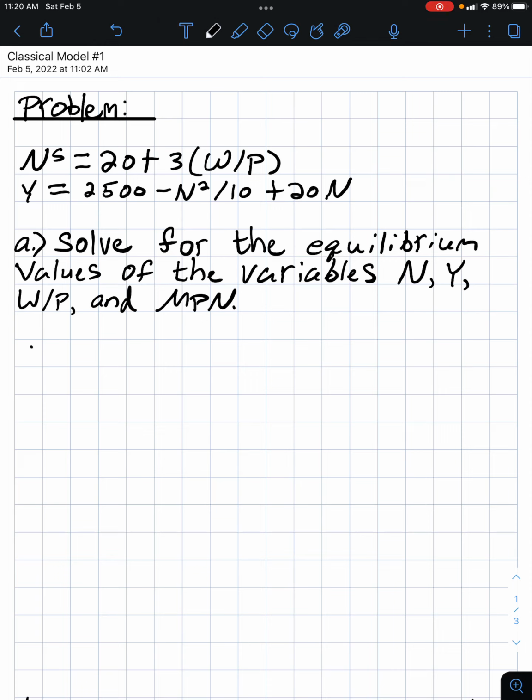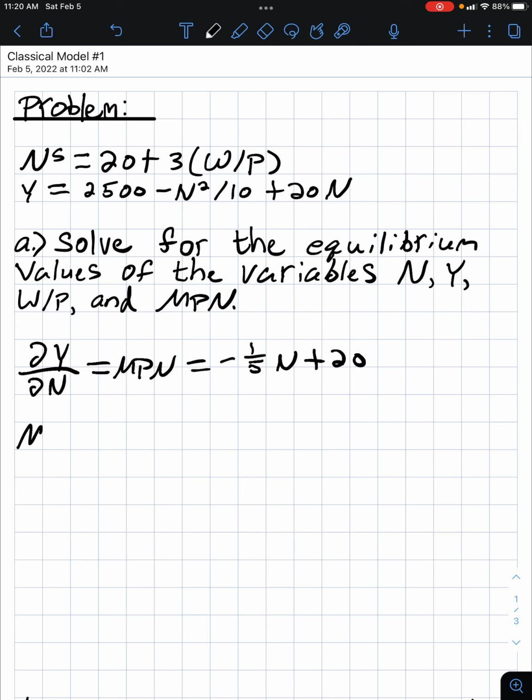So, this is the derivative of the production function, so y, and we're going to take the derivative with respect to n. This is going to be equal to an MPN, and this is going to be equal to negative 1/5 n plus 20. So that is our equation for our marginal product of labor.